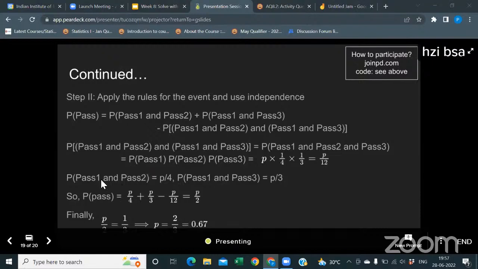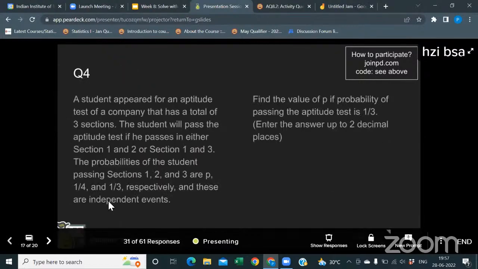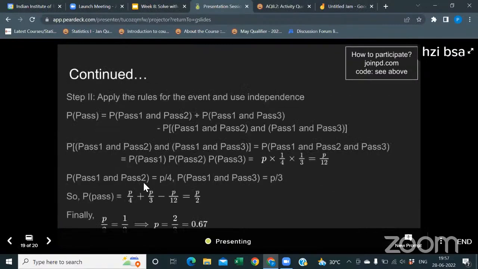Now, probability of pass 1 and pass 2 will be what? Probability of pass 1 is P and pass 2 is given in the question as 1 by 4, so it will be P into 1 by 4, that is P by 4. And probability of pass 1 and pass 3 will be P into 1 by 3, which is P by 3.